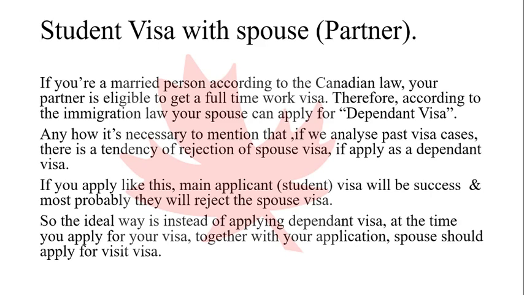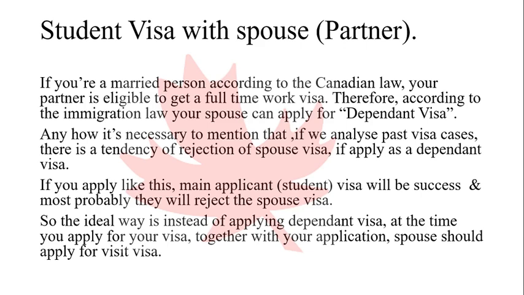Student visa with spouse or partner. If you're a married person, according to Canadian law, your partner is eligible to get a full-time work visa. Therefore, according to immigration law, your spouse can apply for a dependent visa. Anyhow, it's necessary to mention that if we analyze past visa cases, there is a tendency of rejection of spouse visas if applied as a dependent visa.